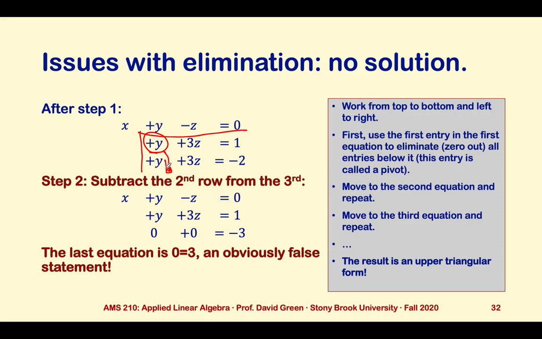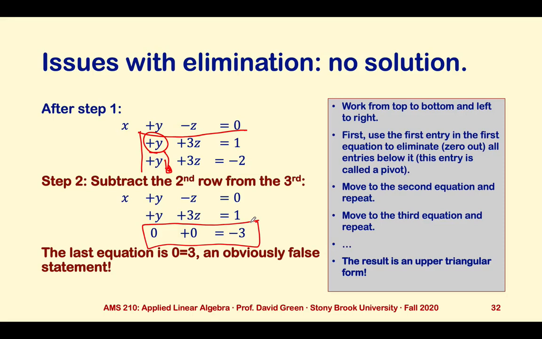We're going to do this by subtracting the second row from the third. y minus y gives 0. 3z minus z gives 0. Negative 2 minus 1 gives negative 3. The equation that we end up with is obviously a false statement. 0 equals 3. This is our indication that we don't have a solution.